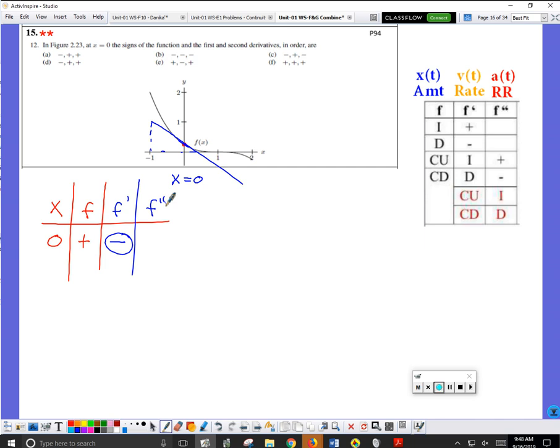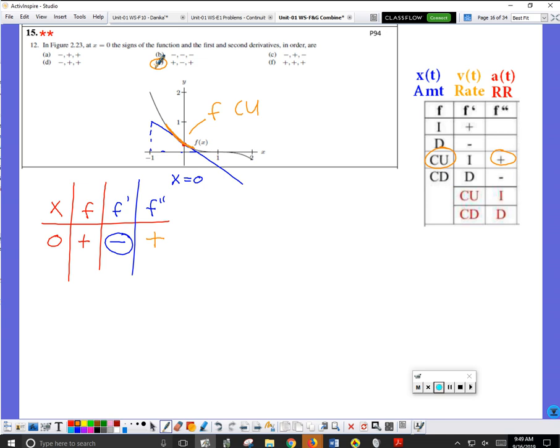See right here, f is concave up. So because f is concave up at x equals 0, f double prime must be positive. Positive, negative, positive.